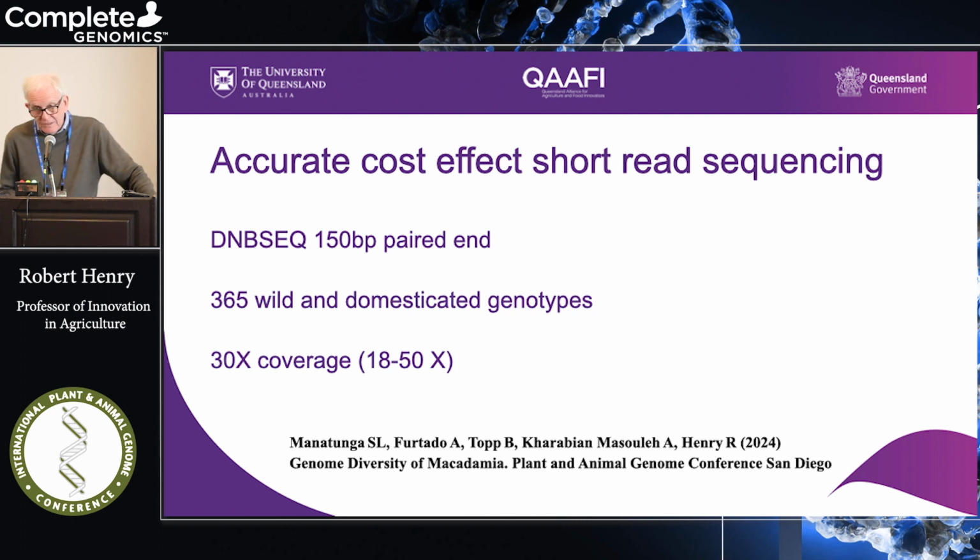If you only have 10x coverage, 1 in a million times, you can do the maths of tossing a coin 10 times in a row, you will actually call falsely a homozygous variant just by chance. So we have to go to that sort of level of sequencing depth with very accurate sequencing to avoid those coincidence errors of chance sequencing that are very common, particularly in heterozygous species like these.